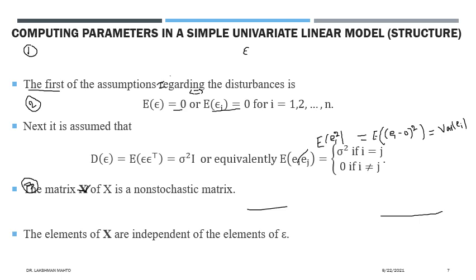That's why. So the elements of X are random variables, which are distributed independently of the elements of epsilon. This one we can derive directly. Both assumptions 3 and 4 can be related to each other.